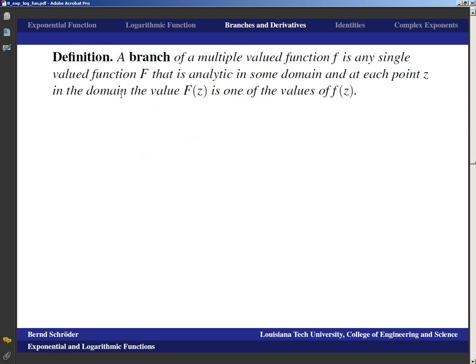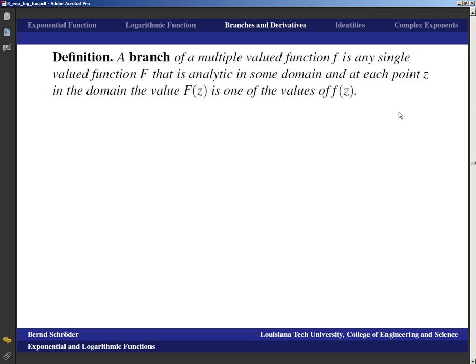Okay, well, now let's talk about branches. When you've got a multiple valued function f, you want to call a branch of that thing any single valued function F that is analytic in some domain, and at each point z in the domain, the value of capital F is one of the values of lowercase f.